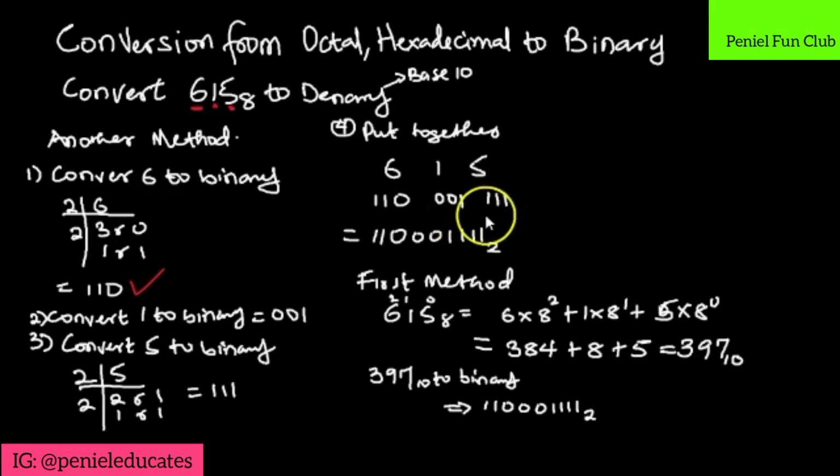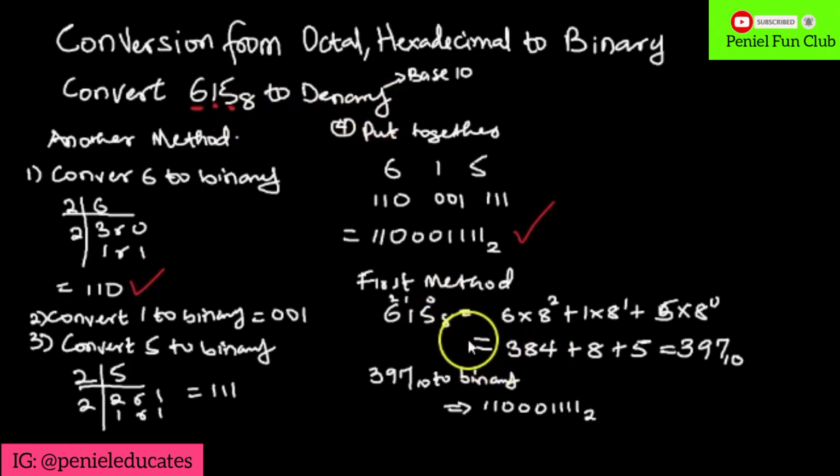So when you have all this come together, you put everything together. This now gives you your number in base 2. That is in binary. So what have we done? Converted 615 in base 8 to binary.